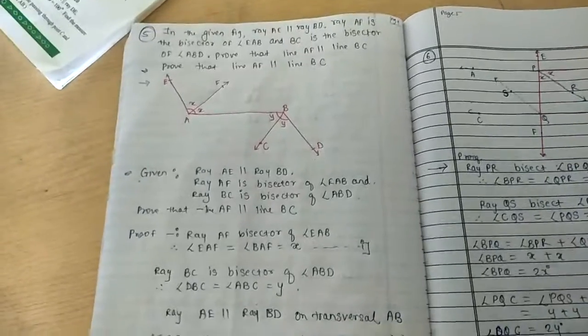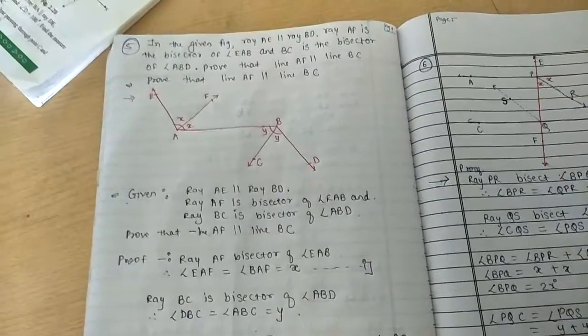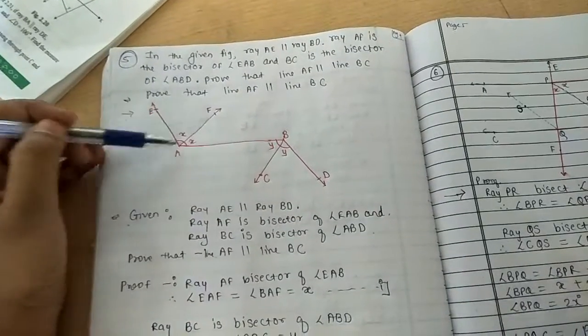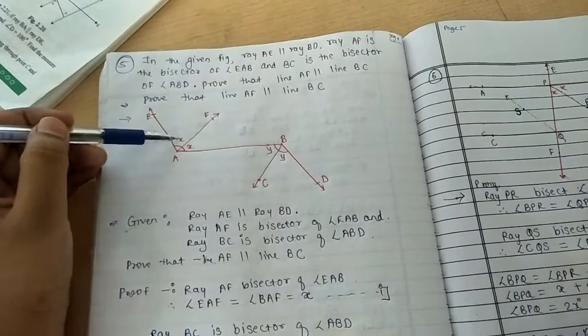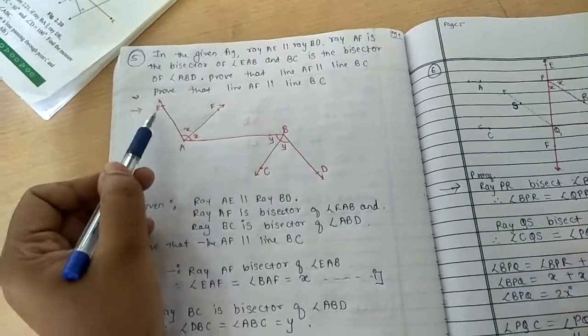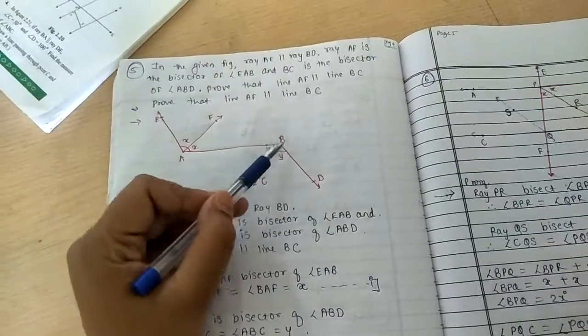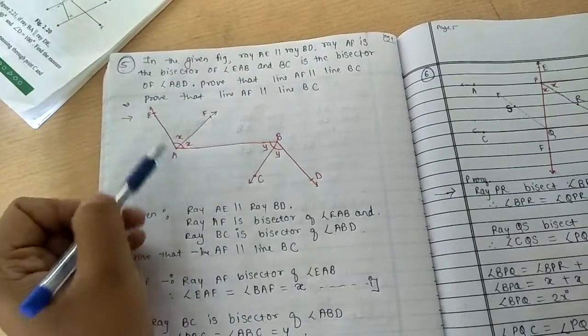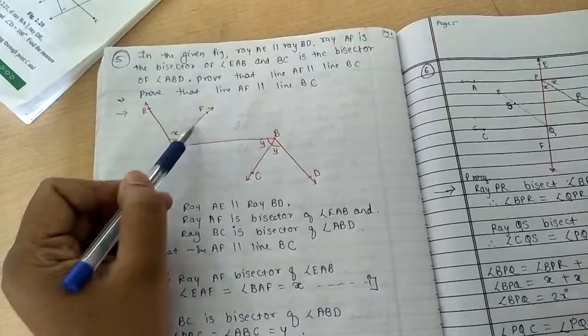Always keep in mind, whenever a ray is the bisector of a particular angle, that full angle is divided into two equal parts by that ray. Take this angle EAB, and AF is the ray.